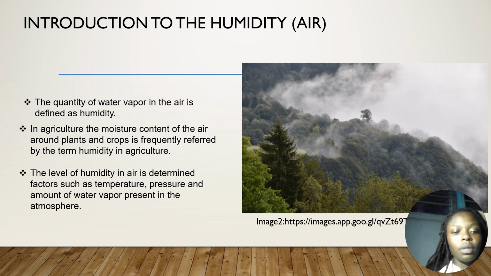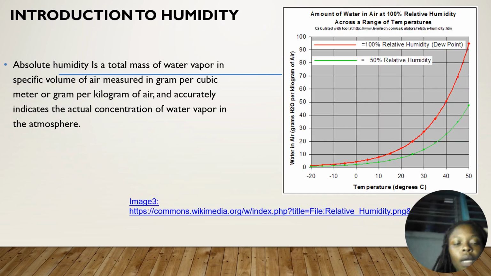The level of humidity in air is determined by factors such as temperature, pressure, and the amount of water vapor present in the atmosphere. Let's continue. Here we have absolute humidity, which is the total mass of water vapor in a specific volume of air, measured in grams per cubic meter or grams per kilogram of air, and it accurately indicates the actual concentration of water vapor in the atmosphere.